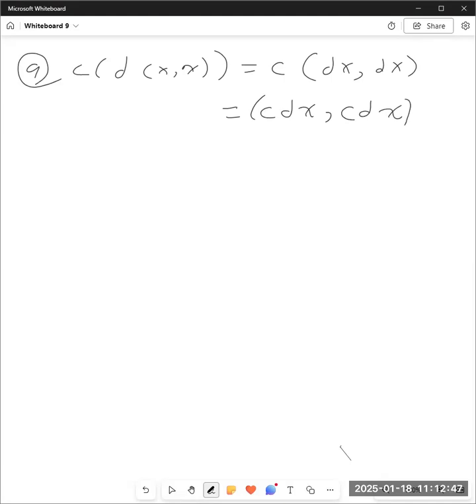Is that the same thing as cd times the vector x, x?